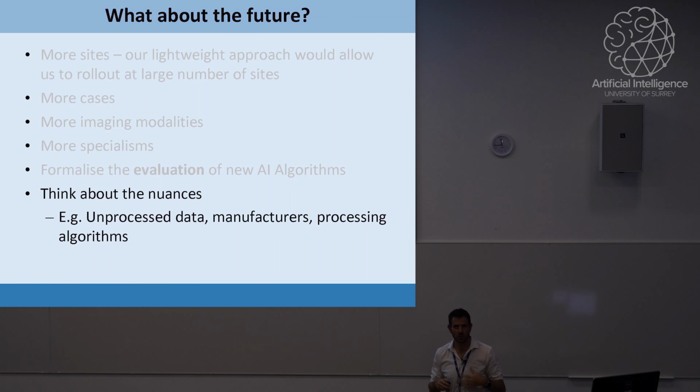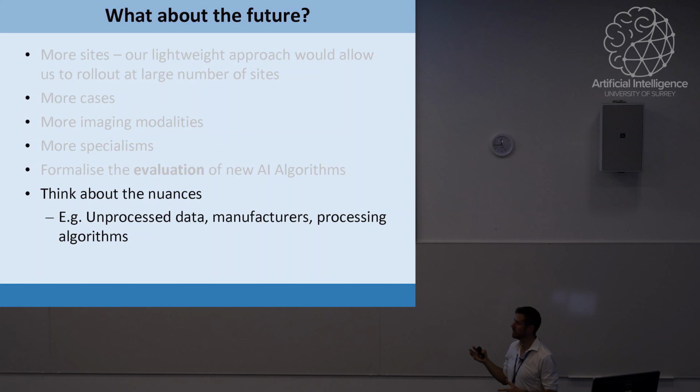So there's lots of little nuances as well, which aren't really being investigated by the big companies. Lots of research groups are looking at these, and these are things that, because of our access to our database, we can look at. And I think it's worth pointing out because I find some of these really interesting. So I don't think I mentioned, but we collect unprocessed data. So this is the modality spits out unprocessed data, and then an image processing algorithm is applied to it to make it viewable by a human.